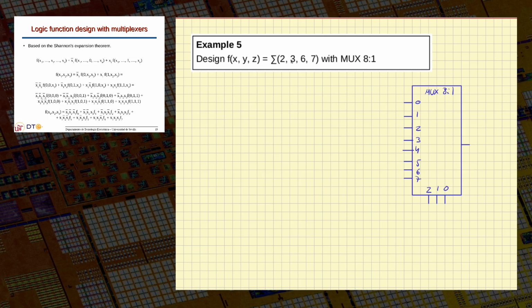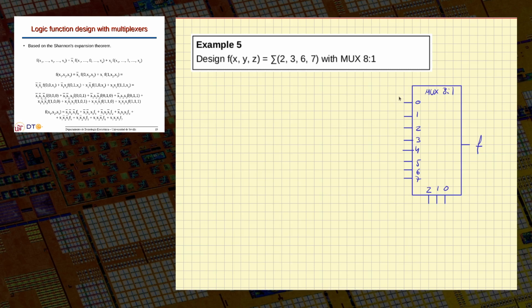When we design a function with one multiplexer, like in this case, we want the output of the multiplexer to implement my function. So I have to find out what I have to put in the selection inputs and what I have to put in the primary data inputs.